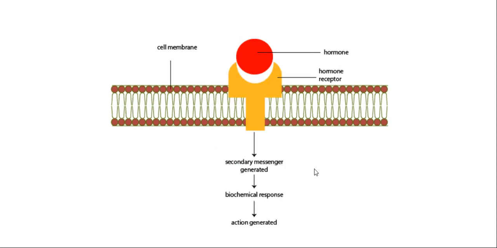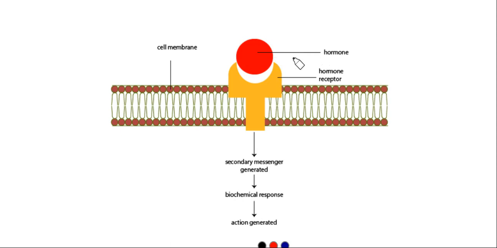Now another way that this happens is when the hormone is something like a peptide or protein hormone or an amine hormone, which is not a lipid. So it cannot penetrate directly through the cell membrane. What happens here is the cell membrane has receptor proteins on it. The receptor proteins, as said, have a very specific shape, and this hormone too has a specific shape. So this hormone can only fit into its own specific protein.